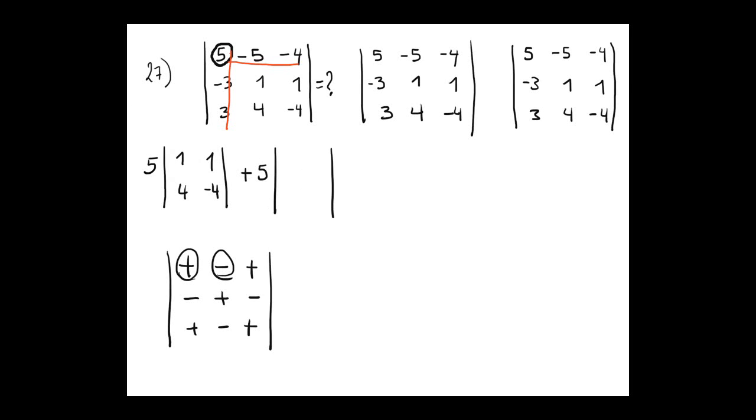The selection is delete this and delete that. So basically we have negative 3, 1, 3, and negative 4. And the last entry is negative 4, positive, and negative is negative 4.